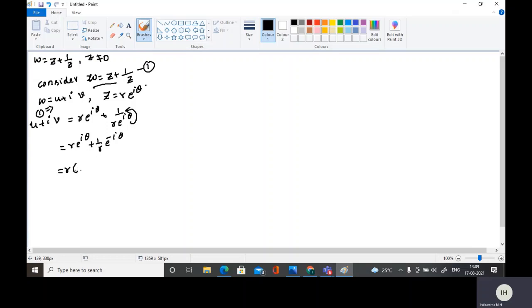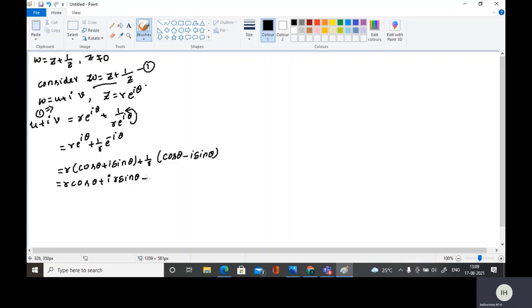So r e power i theta is cos theta plus i sin theta, plus 1 by r into e power minus i theta, which is nothing but cos theta minus i sin theta. Now multiply by r to the first two terms: r cos theta plus i into r sin theta.